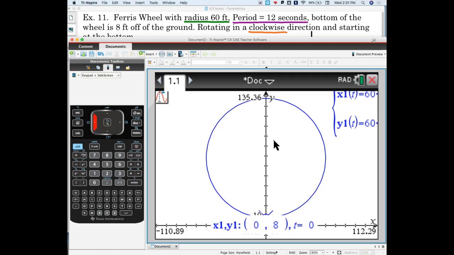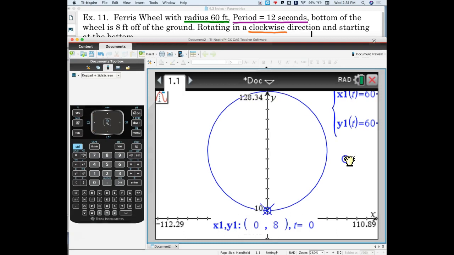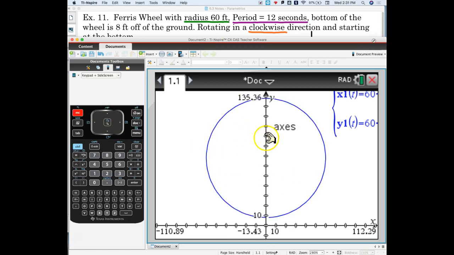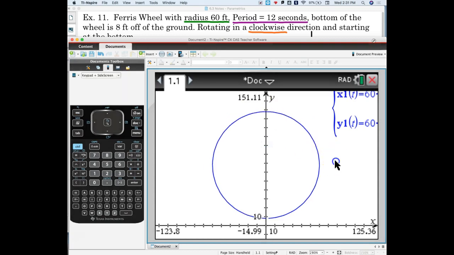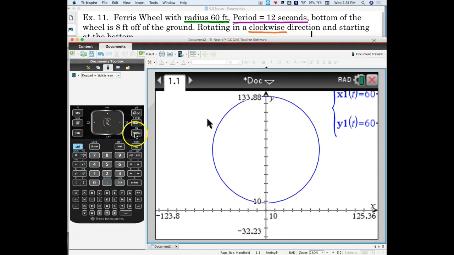We started at 0, and 0 better be at the bottom of our ride. It's at the bottom of our ride. With me? Pull this back a little bit. Won't let me. Pull it back, pull it back. Oh, because I'm in escape there. There, now I like it.